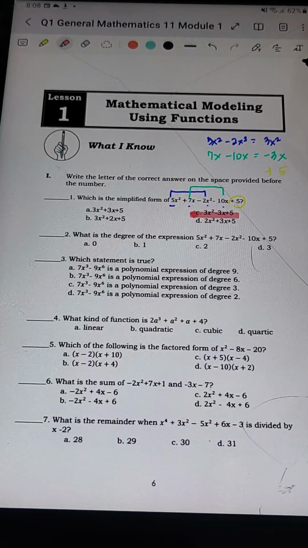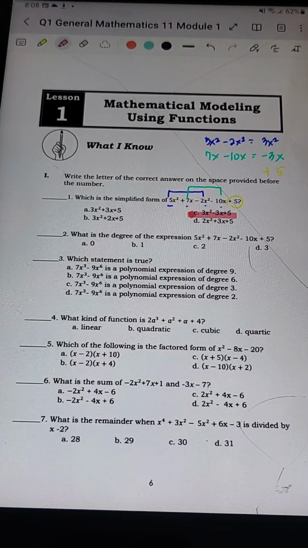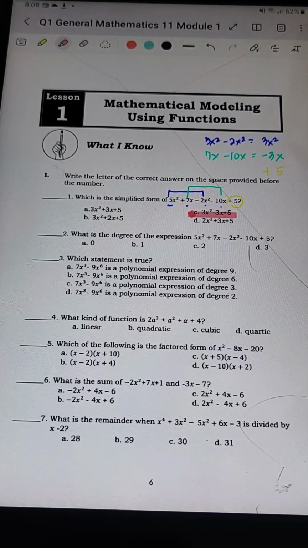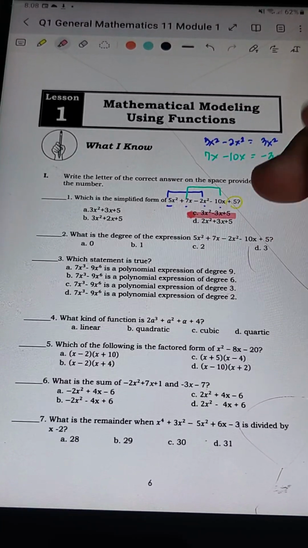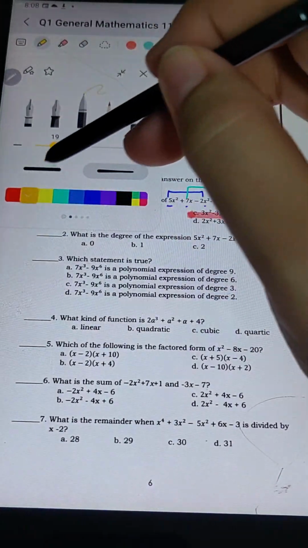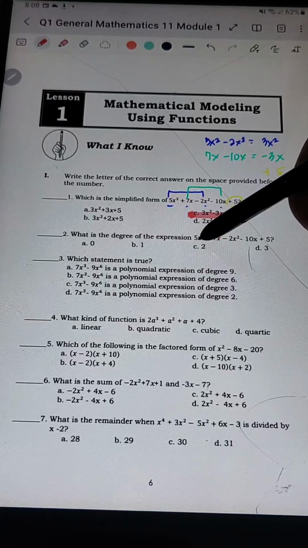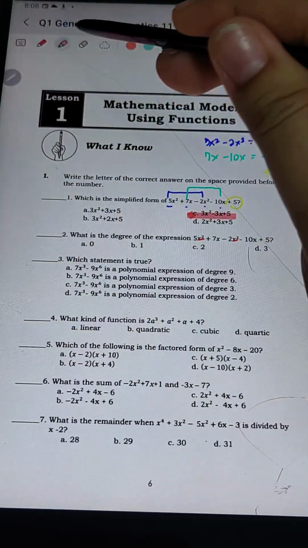Number 2, what is the degree of the expression? For the degree, we have to look at the term that has the highest exponent. Since the highest exponent here is 2, our degree is 2.